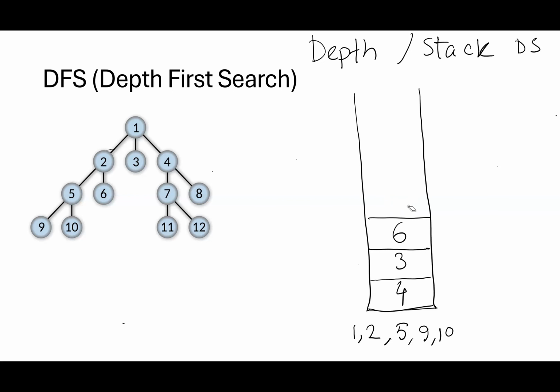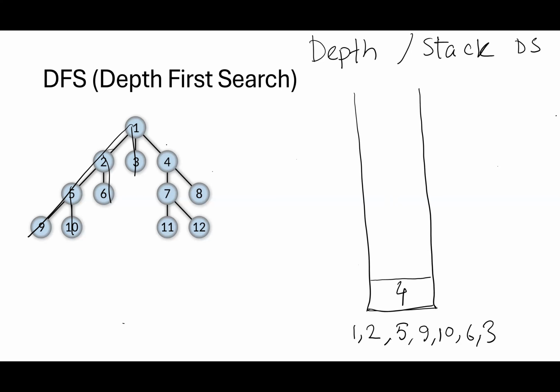Next, the thing that is going to pop is 6. 6 doesn't have any children, so we are exhausted on that branch. We are coming back to here, and then we pop 3. 3 doesn't have anything, so now we are done with all of these.